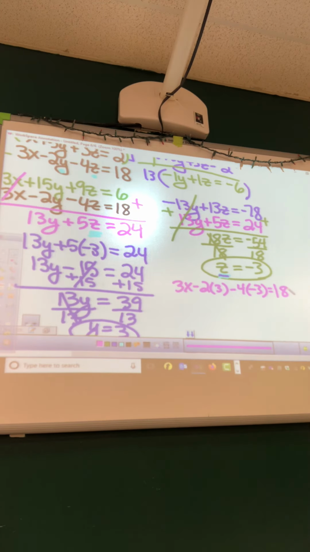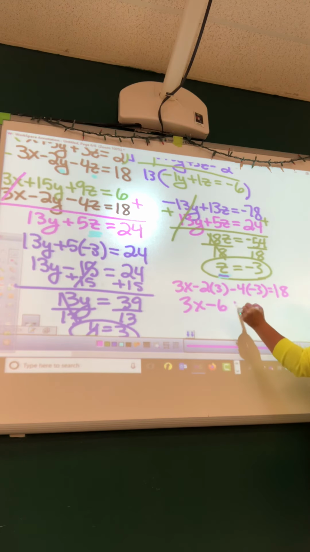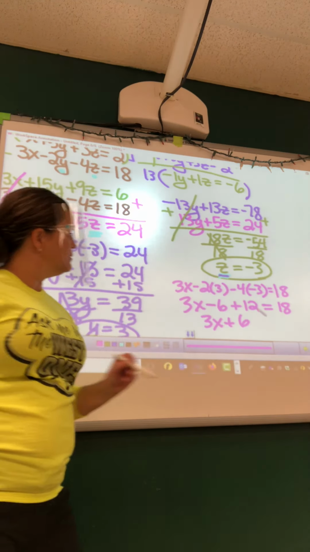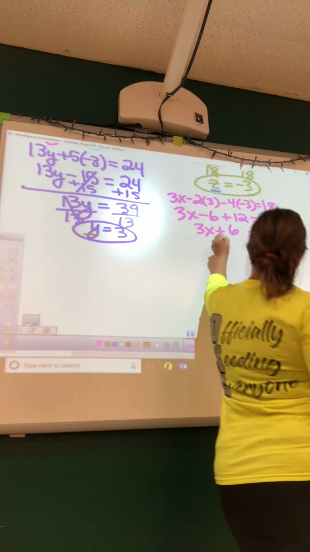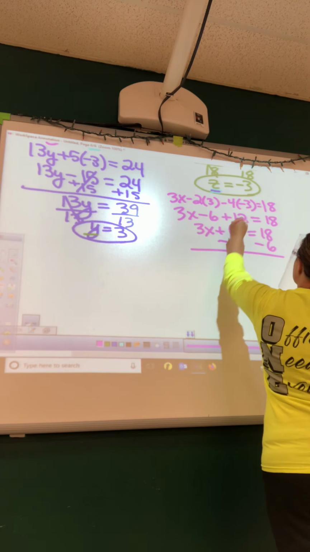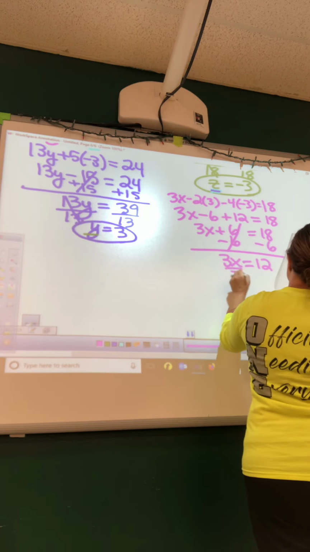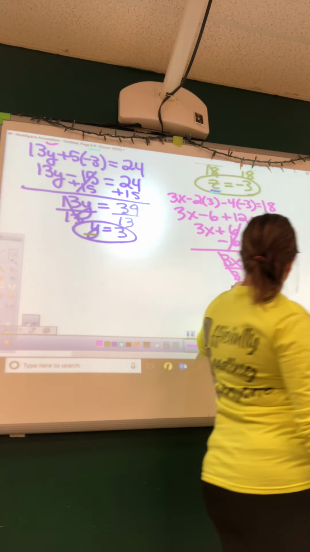All right, just making sure we're still on there. 3x minus 6, doing the math here, plus 12, doing the math there, equals 18. 3x plus 6, because negative 6 and positive 12, equals 18. Moving my 6 over would be subtracting. And 3x equals 12. So 3 into both of those numbers gives me x equals 4.